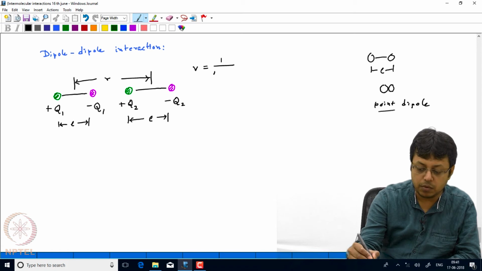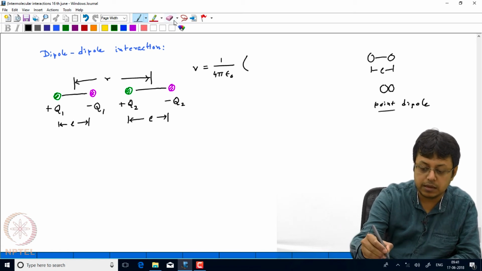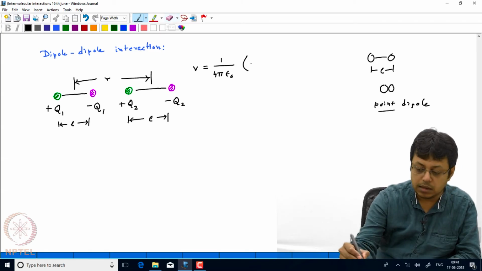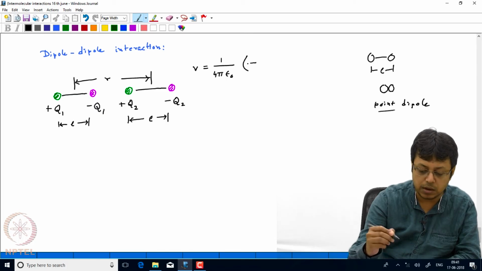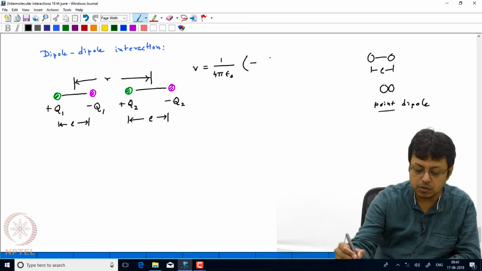So, we will have 1 by 4 pi epsilon 0, and then the first thing, let us say I am talking about minus q1 and q2, the nearest neighbors.